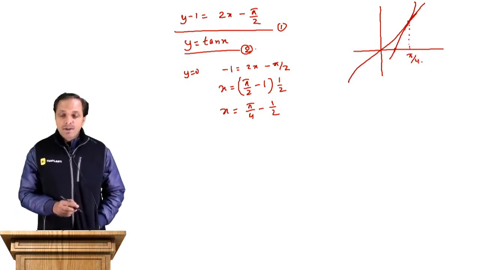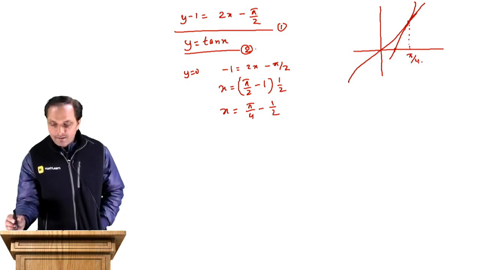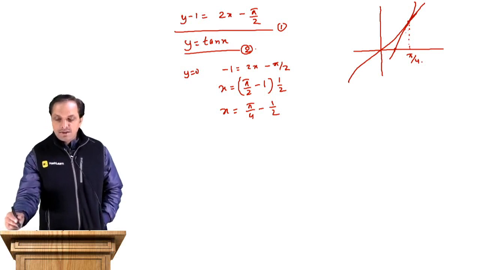So now you need to find the area between the curve, that is your tan and this line, from this to this.